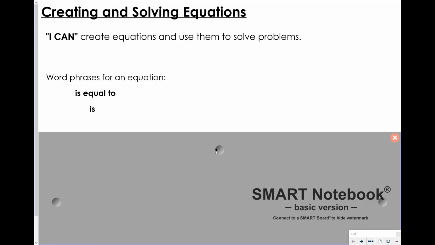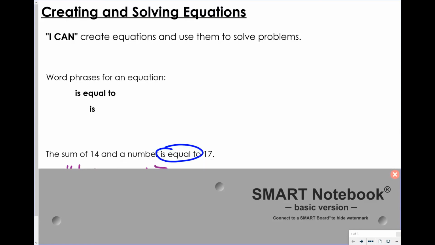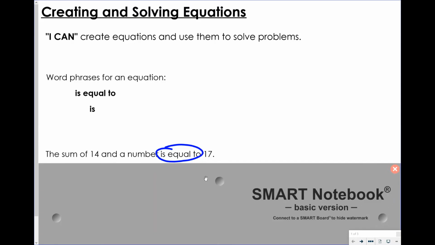Okay. So here's the first example that I have. The sum of 14 and a number is equal to 17. Now, what word phrases do you see that point out to you?